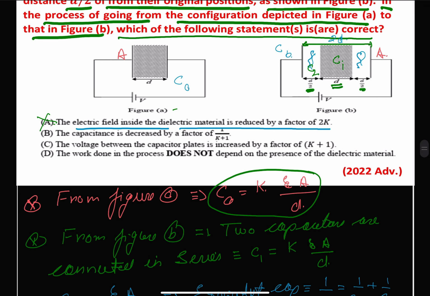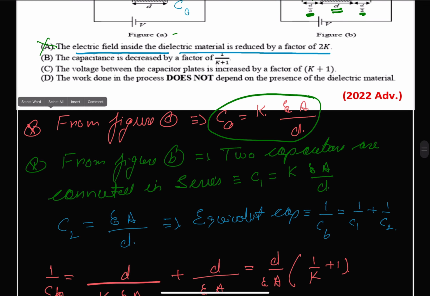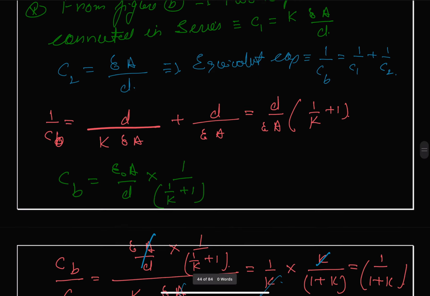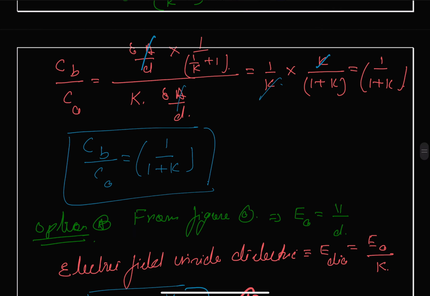And it says that the capacitance is decreased by a factor of 1 upon 1 plus K. Okay, which we just found out here.